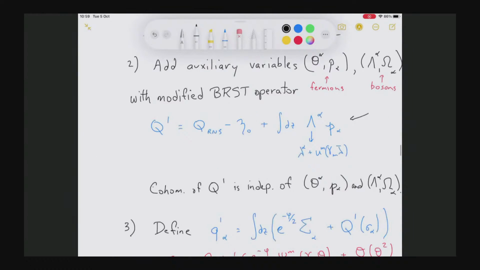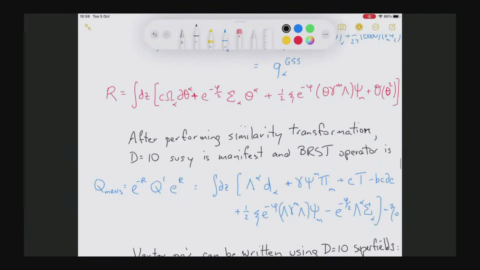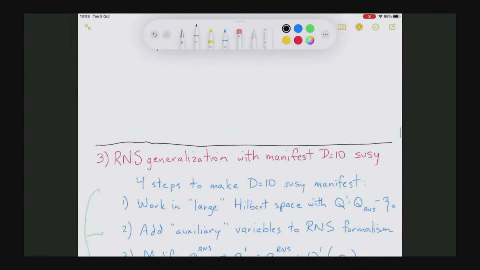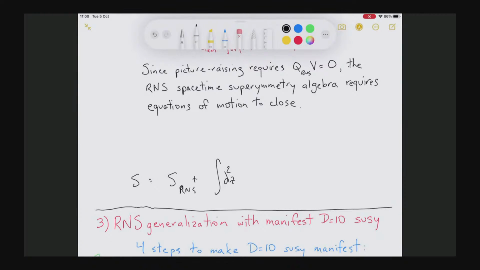So the action, let me write it down. I have space. So the action will be the original action, it's called S0. So this is our RNS. So let's just do the holomorphic version.